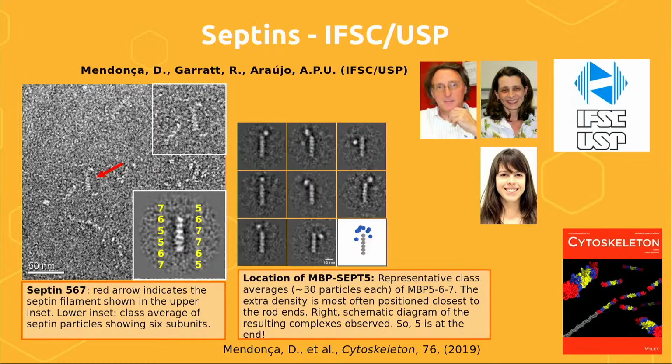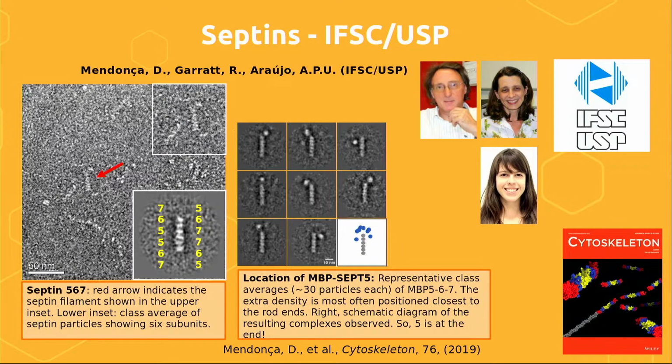Another project we started in 2015, more or less. At that time, the thing we had most easily available was negative staining. This group, Richard Garrett, Ana Paula, and Deborah, who was a master's student at that time, worked with septins, which are part of the cytoskeleton of the cell.